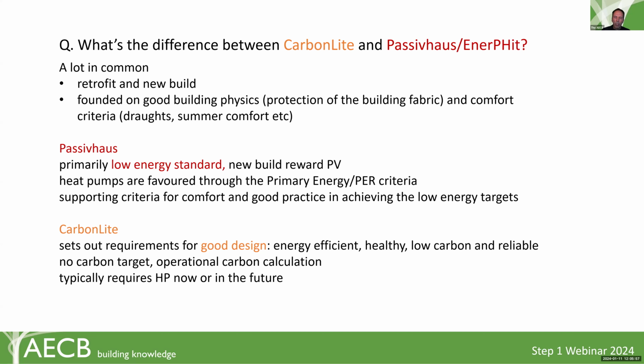Primary energy is the amount of energy that's required to make the energy that you use. So in the case of electricity, it's just over twice as much energy goes into the energy that you actually use when it gets to your house. But apart from that, they don't actually require or specify having heat pumps. Whereas with Carbon Light, it really sets out requirements for good design. That's what we're really all about.